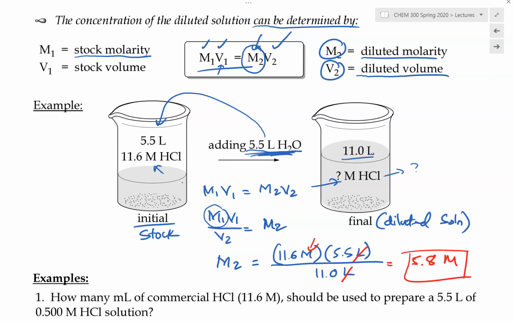So that is the context of dilution right there. And the minute that we know that this is a dilution problem, we should be thinking of M1V1 and M2V2 immediately to solve for any of the variables that we are being asked for.